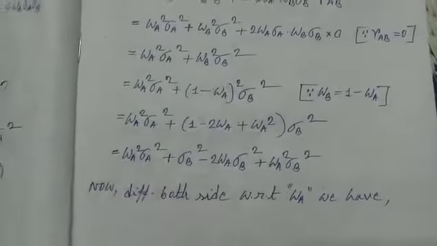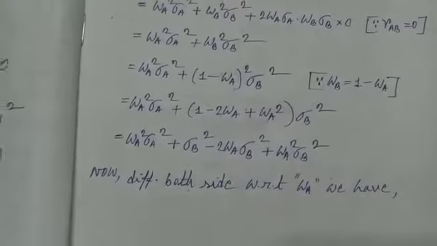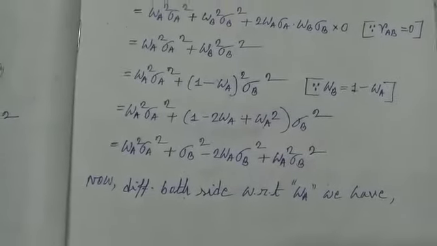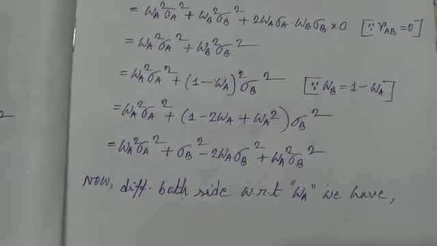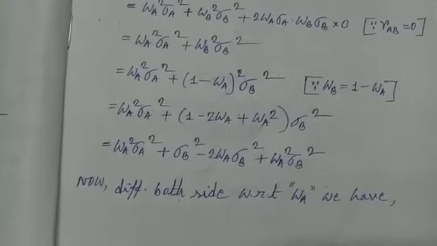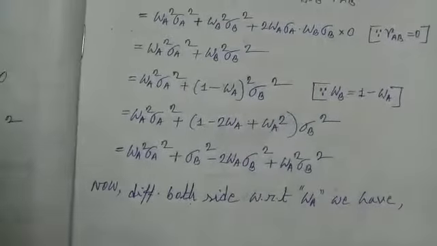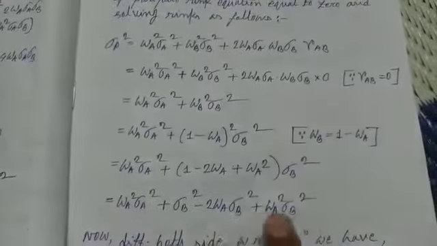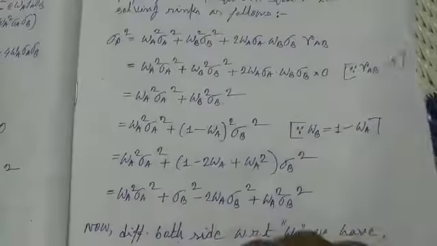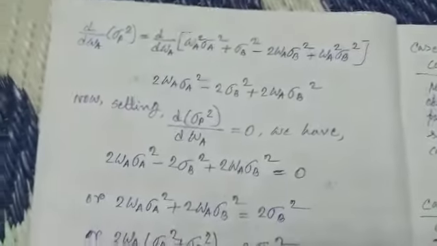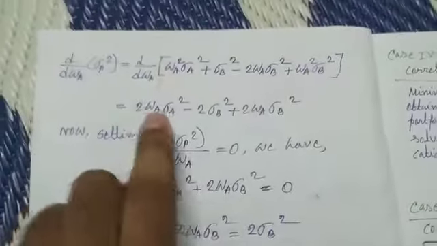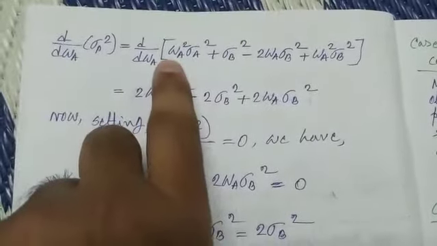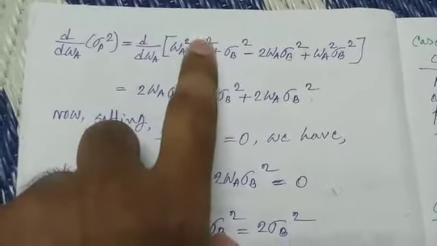That means what will be the effect on the variance function if there is a change in the weight of security A. That means if there is a change in WA, how much change there is in the variance function, that is to be calculated, and for doing so we have to differentiate both sides of this variance function with respect to WA.